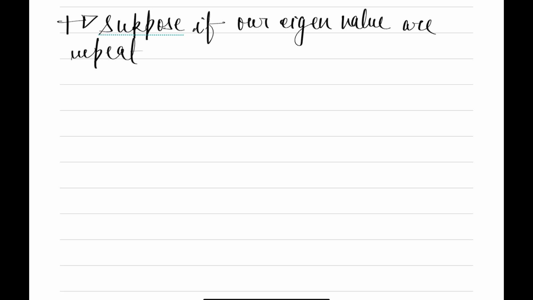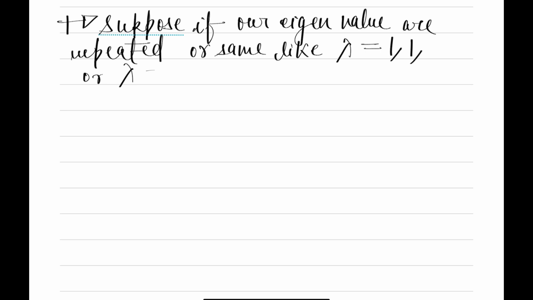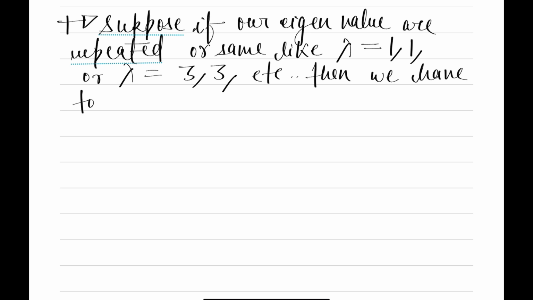Suppose our eigenvalues are repeated or same, like we can take lambda equals 1 and 1, or lambda equals 3 and 3, etc. Then we have to check the free variable.